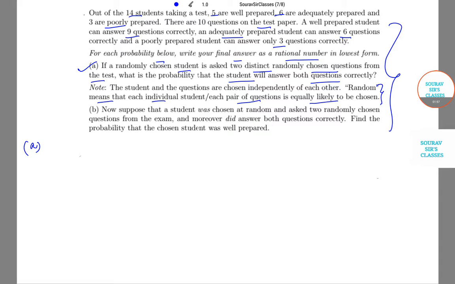Now the probability that a randomly chosen student is well prepared will be 5 out of 14.